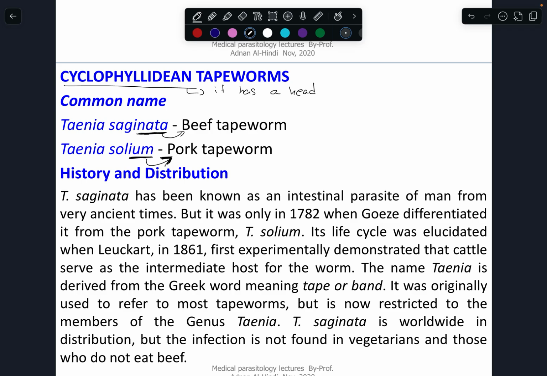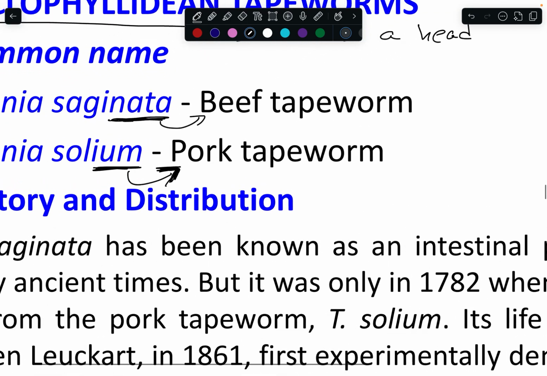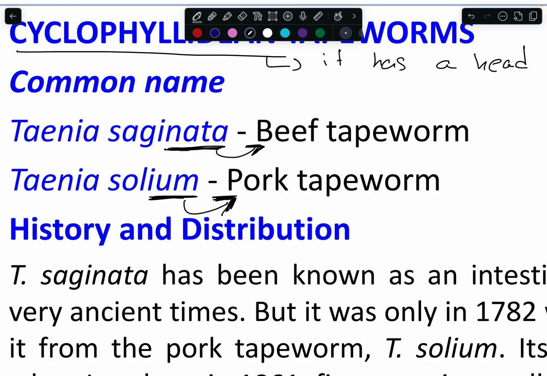Okay, let's start with the two tapeworms that we're going to study. I underlined saginata and solium so I can connect them.